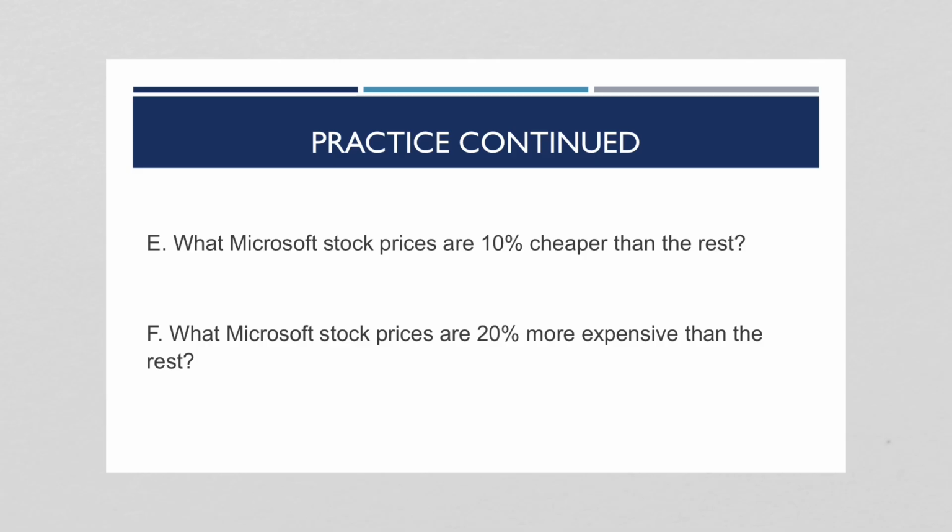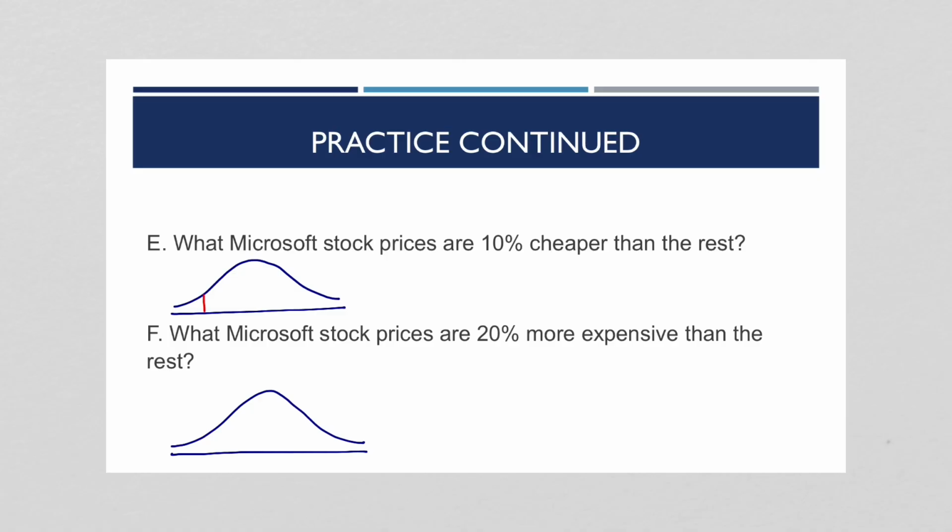So we want to ask what Microsoft stock prices are 10% cheaper than the rest and what Microsoft stock prices are 20% more expensive than the rest. So if we were to do really, really quick sketches of each of these, and by really quick, I'm saying not even bothering to label the mean and the standard deviations here.